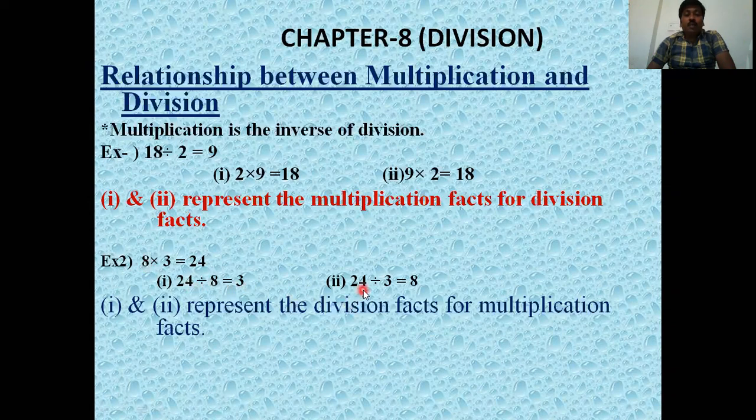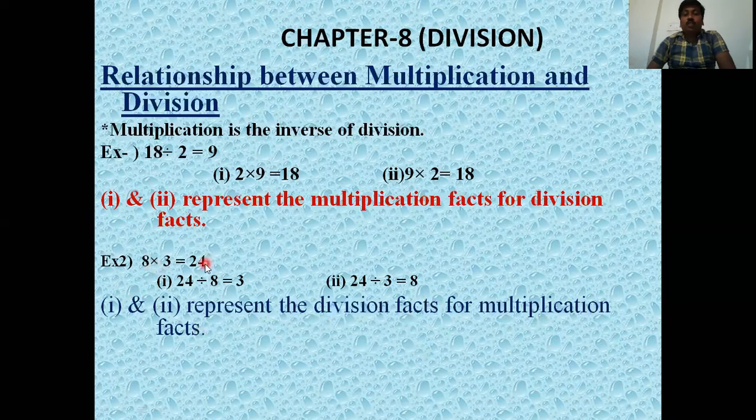And when we divide 24 by the other number, 3, we get 8. These 3 and 8 are the numbers whose product is 24. So children, in this way we can find the division facts for a multiplication fact.